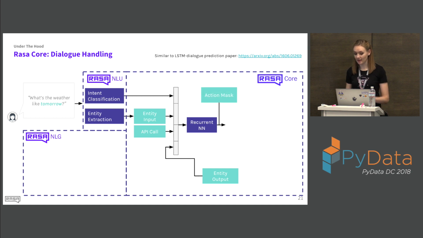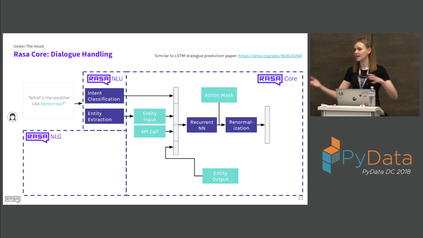Another thing is that if you do want to add some rules or business logic to how your assistant responds, you can do that by adding action masks. What it does is simply limit the possible actions that can be predicted by an assistant at a specific stage in the conversation.